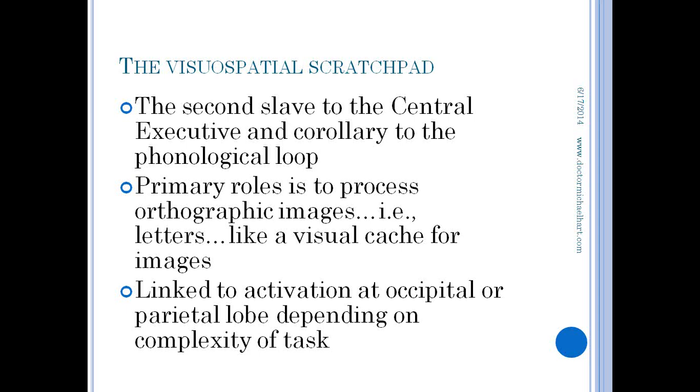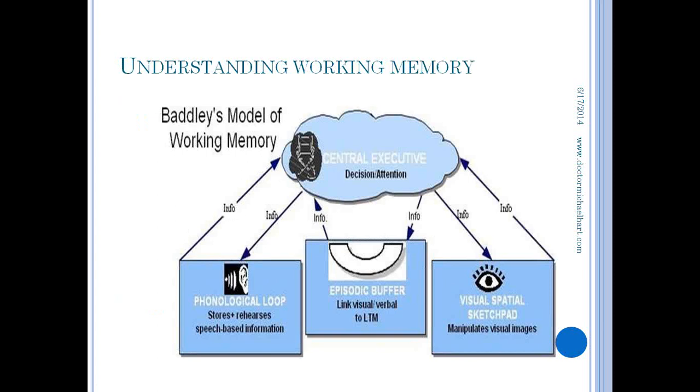So if it's a simpler task, there was neural firing in the occipital lobe, and when the task became more complex, there was more neural firing in the parietal lobe. Now, why and what's that all about, we don't know yet, but they were able to map it. It's been replicated in the research quite a bit. So they're really feeling comfortable with the idea that this is a multi-component process of working memory.